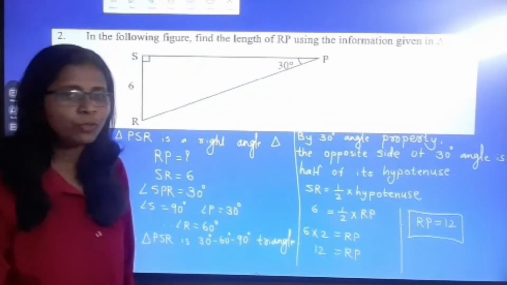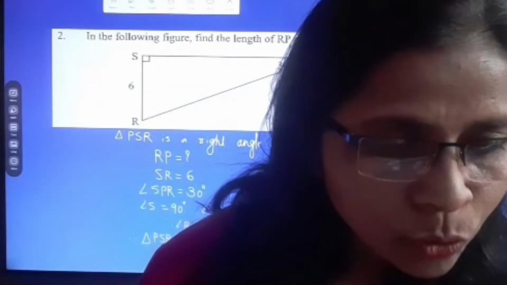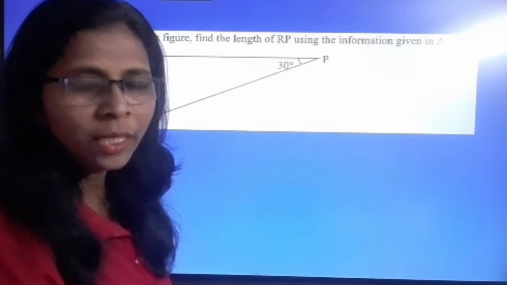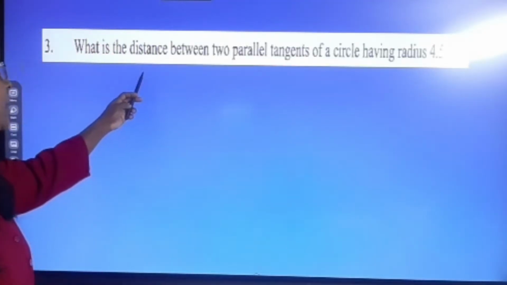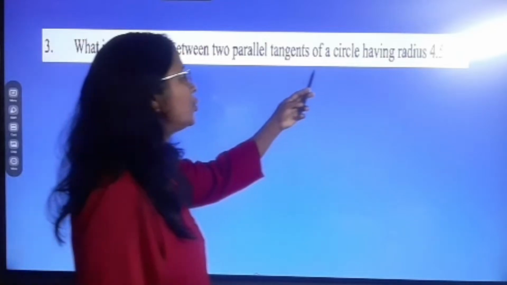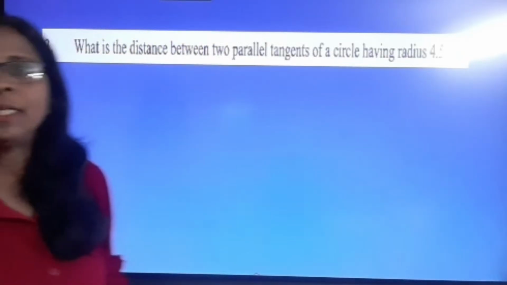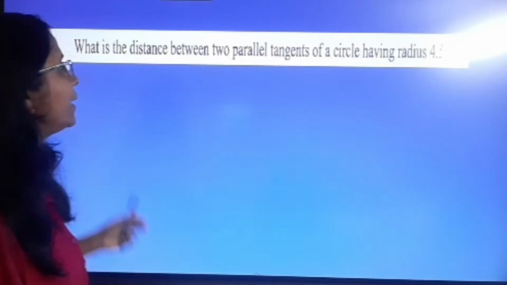Okay, now students, see the next example. The next example is: what is the distance between two parallel tangents of a circle having radius 4.5 centimeters? Okay students, we have to find the distance between two parallel tangents.